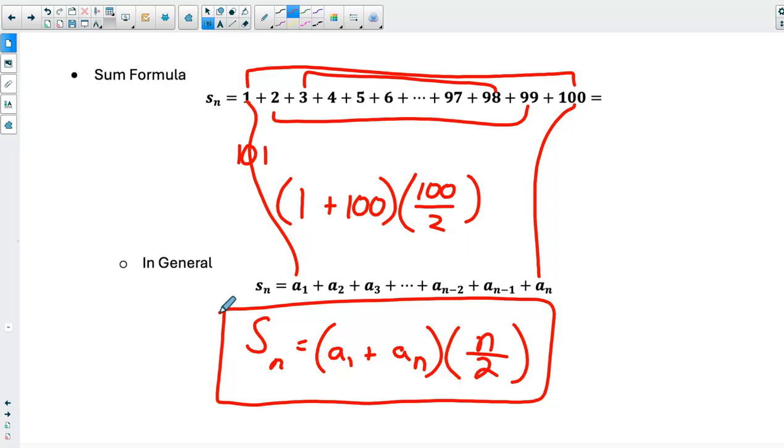John is thinking, you know what, Nichols, that formula is all nice, but if I forget that, I'm just going to go 1 plus 2 plus 3 plus 4, and I'm going to add them all up, and I'm going to get the answer. What are you going to do about it? And what I'll do about it is I won't give you any credit. If I don't see this formula plugged in, you get nothing. Okay? Same thing with the explicit back here.